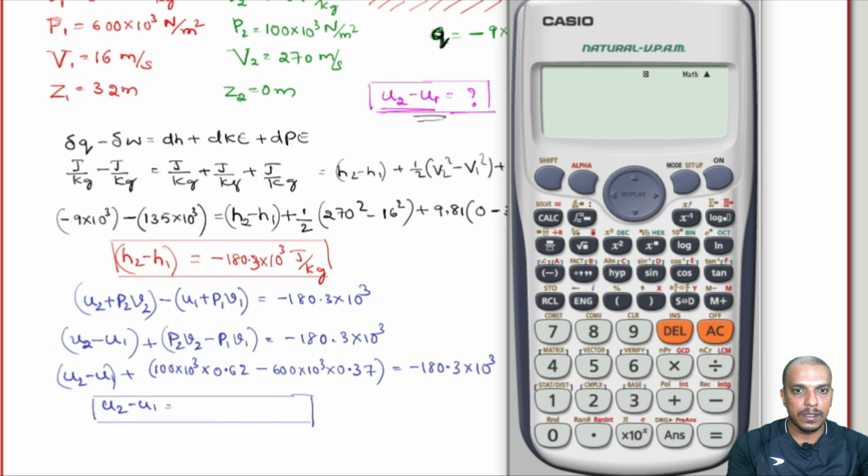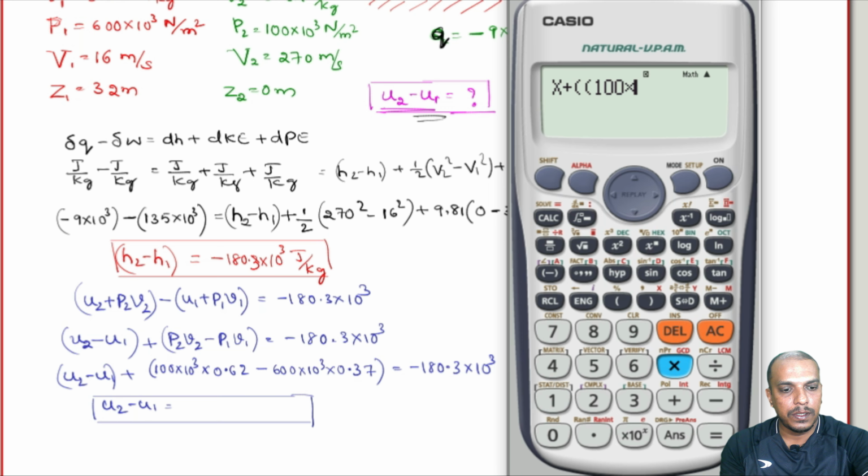Now, the first term is alpha X. You can solve it by manual way also, or you can choose this method: alpha X plus the first term is 100 into 10 power 3 into 0.62 minus 600 into 10 power 3 multiplied by 0.37. I will close this bracket.